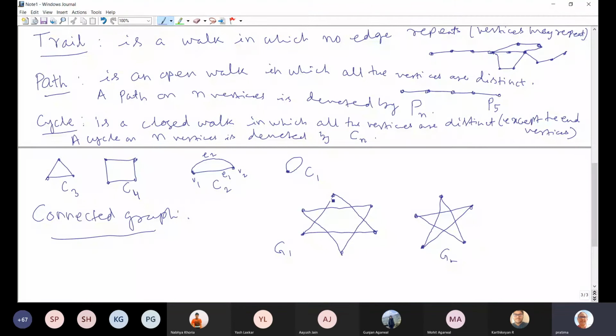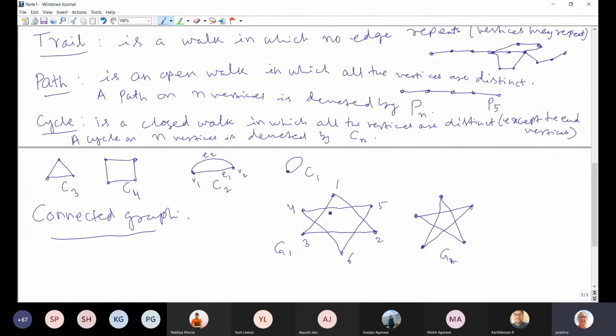G1 is a disconnected graph, that you can see, right? Say the vertices are 1, 2, 3, 4, 5, 6. This is not a connected graph, because we can separate them out.